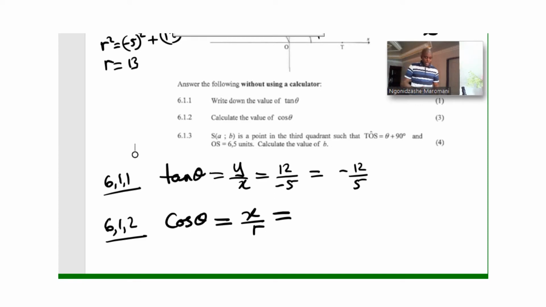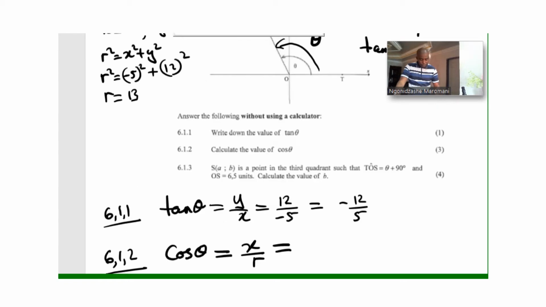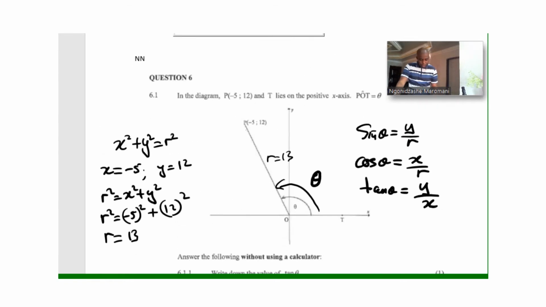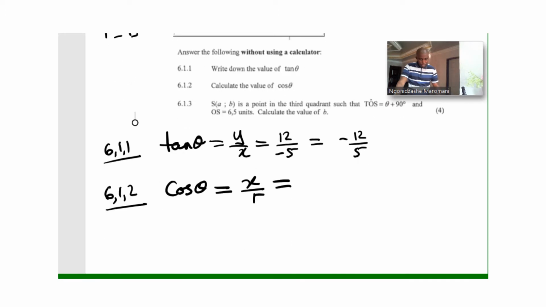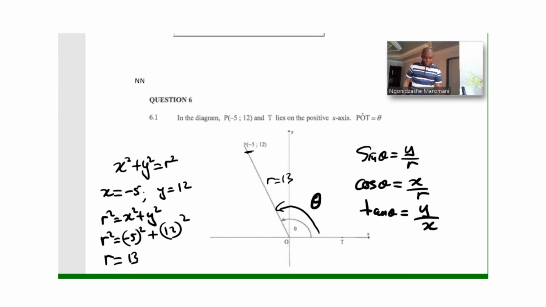In this case, our x is equal to minus 5. You can agree with me there, x is minus 5. So it will be minus 5 over our r, which we said is 13. So this becomes our cos theta. And can you see it makes sense for cos theta to be negative, minus 5 over 13, because we are in quadrant number 2 and we know that cos is indeed negative.